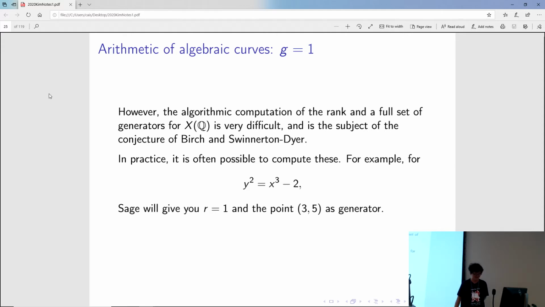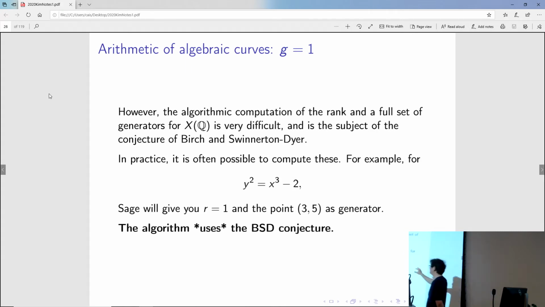How do these programs work? I'm sure many of you know this better than I do, but I remind you that the algorithm for computing this actually uses the conjecture. The conjecture gives you an algorithm. I'll say more about this later. And this is a very striking fact, that you don't need to prove the conjecture to some extent.